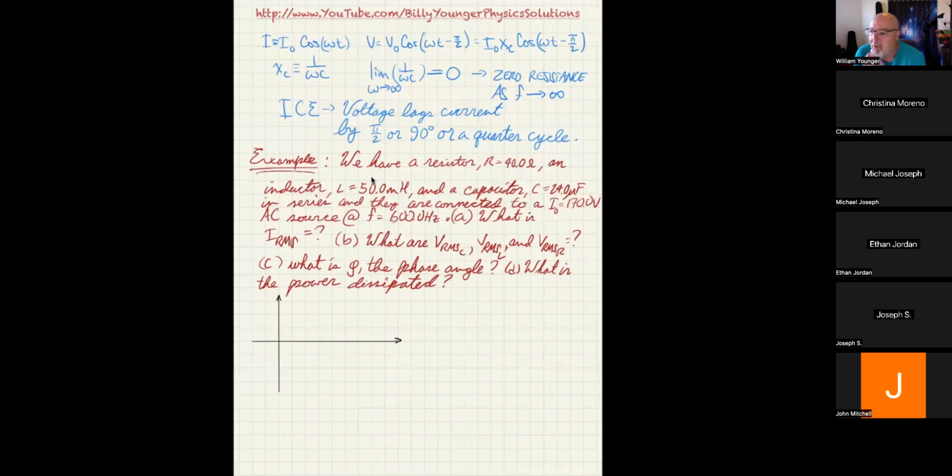So instantaneous readings of the horizontal axis will give us instantaneous readings of the voltage or the current, depending on which one you're graphing. So in this case, I'm going to draw exactly what this process looks like. This is called a phase diagram.